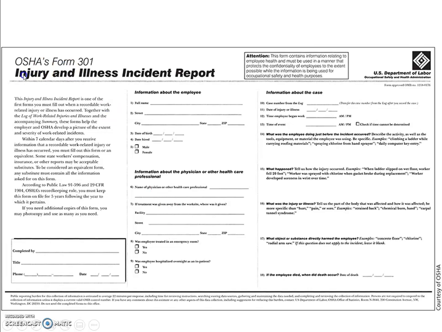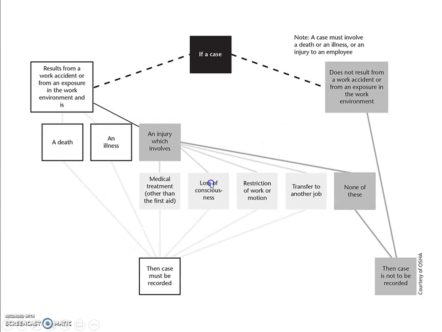So, for example, this is the injury and illness incident report form, which is called the Form 301. And this is a chart for determining whether the case must be recorded or not recorded. If it does not result from a work accident or from an exposure in the work environment, then the case is not recorded.